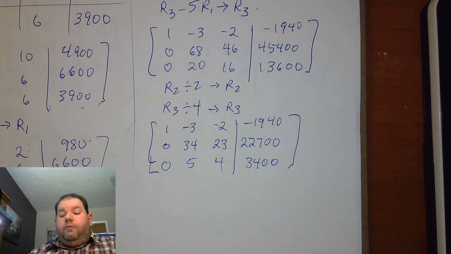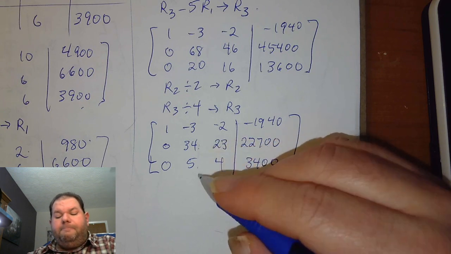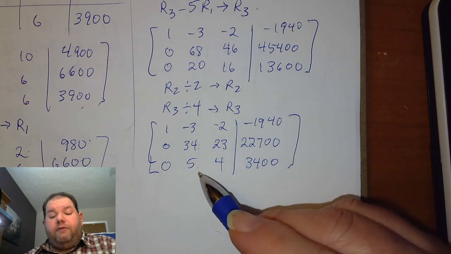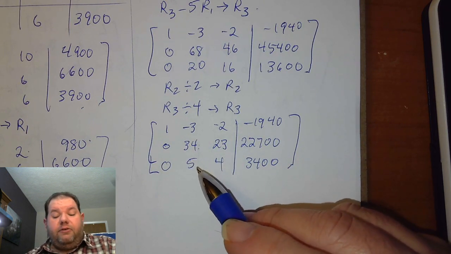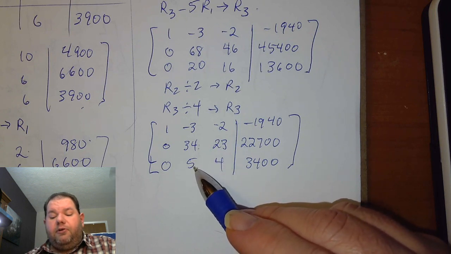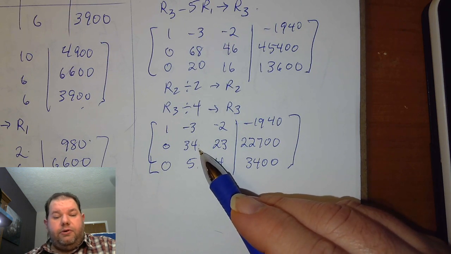Next, we need to get one of these two to be a 1. Probably, now that we've reduced these numbers a bit, it's a little bit easier to work with. Can we think of a number that we can multiply by 5 so that it's 1 away from 34?